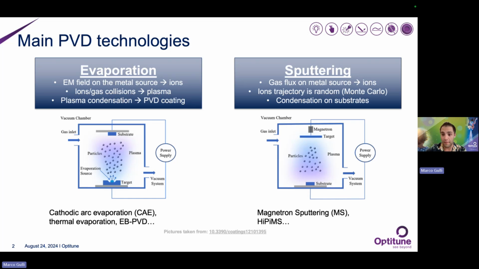This will extract some ions, which will be traveling in the PVD chamber and will collide with gas particles in order to give rise to a plasma cloud, which will eventually condense on pieces to generate PVD coatings. Two important examples of sputtering technologies are magnetron sputtering and high PMS as well.